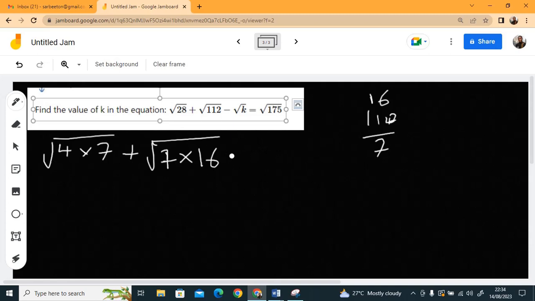So once you know what you are doing, minus k. Now 175 should give us the square root of, when you use 3 to divide, 3 in 17 is 5, 3 times 5 is 15.